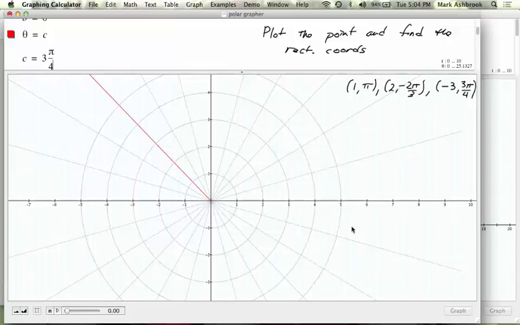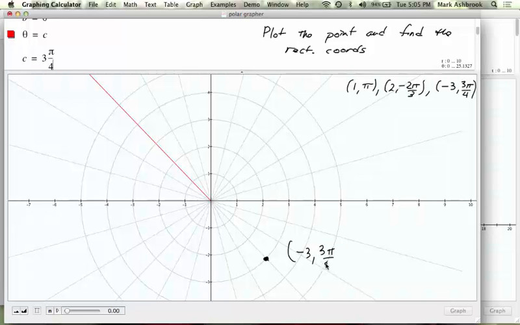So where does that put us? Which quadrant? In the 4th quadrant, that's right. So if this is the direction of 3 pi over 4, then this is how you go for negative R for 3 pi over 4. This is negative 3.